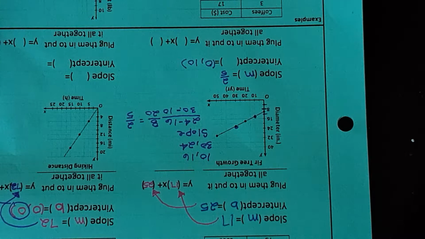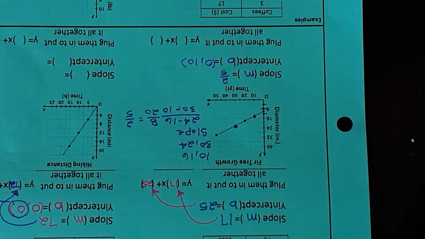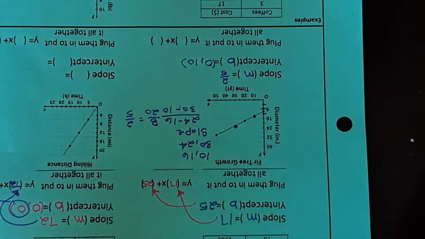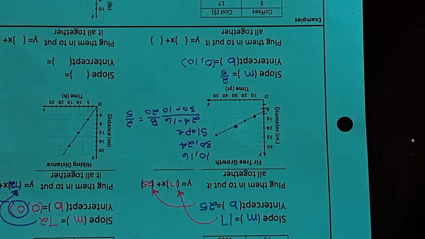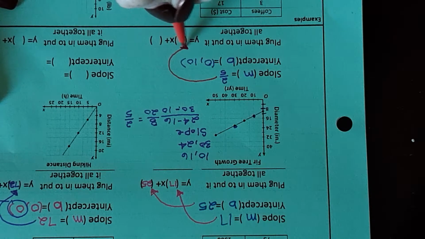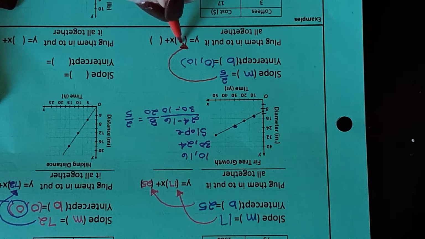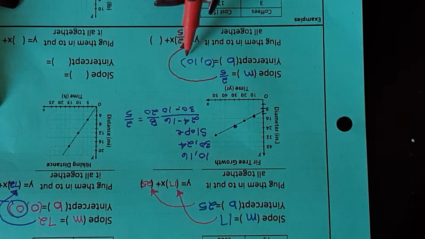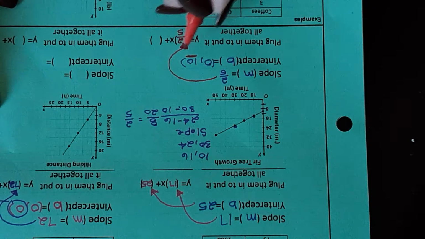And again, what letter do we use to represent the y-intercept? B. So, in order to make our equation, we're going to take our slope, plug it into this first set of parentheses here, 2 over 5, and we're going to look at the y value of our y-intercept, which is 10.